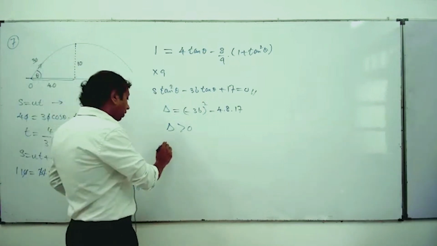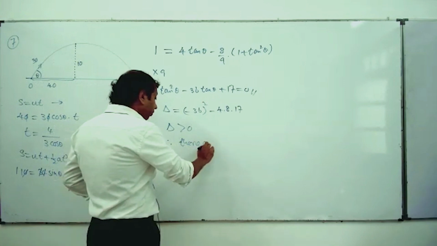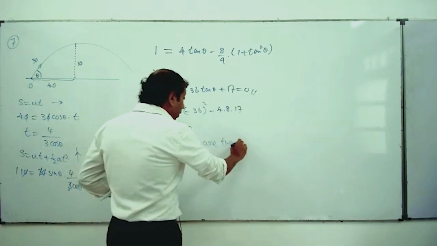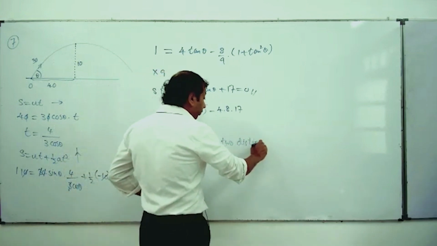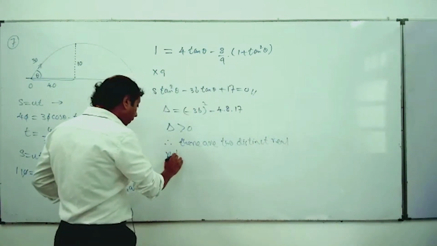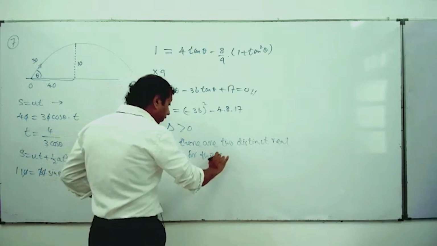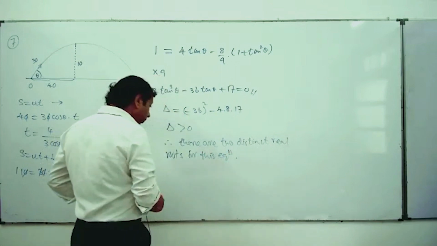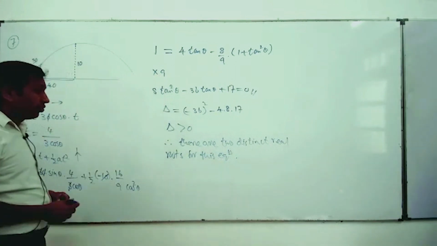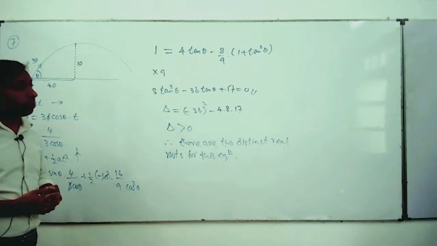Therefore, there are two distinct real roots for this equation. There are two answers for tan theta.